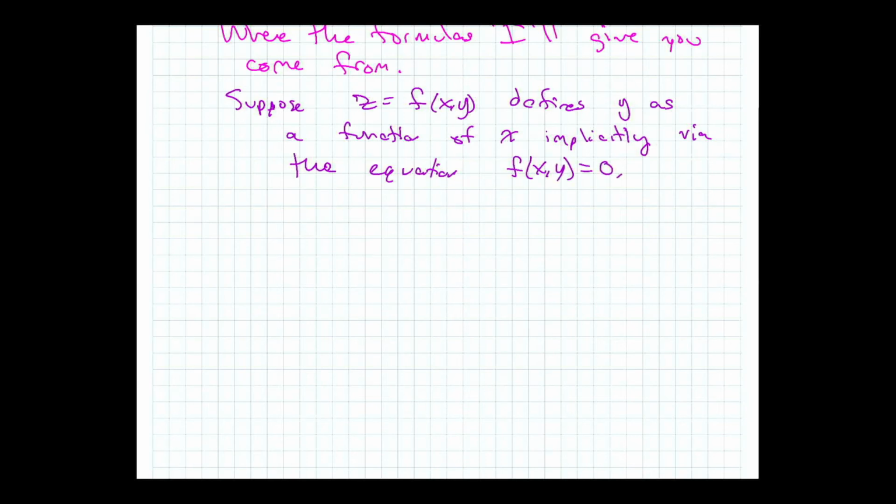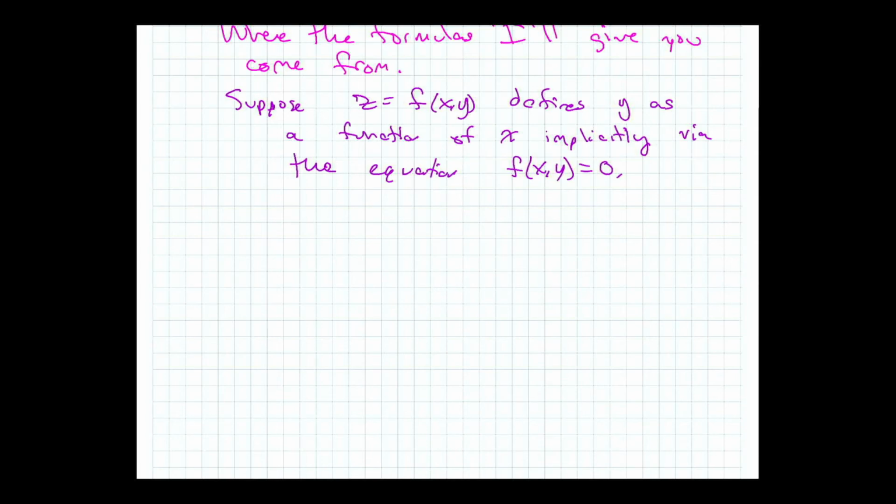Now yes, if you put a 0 in for z, there's no z, and now everything is in terms of x's and y's, and that makes sense. But they're not justifying why you would do that. And z equals f of x,y does not define y as a function of x implicitly. You have to do this first, and then it does. So I don't like the way that they're wording this here. A little bit wrong or weird. But that's the scenario that they gave you, okay?